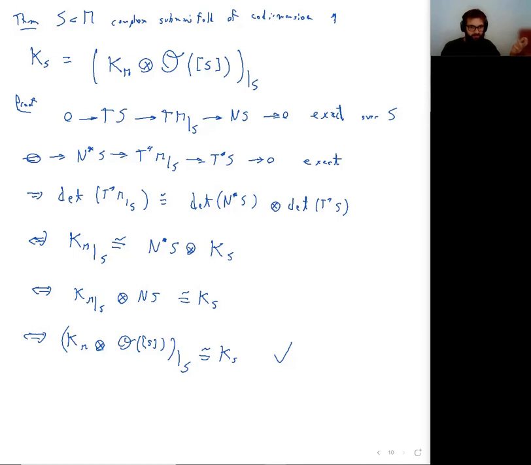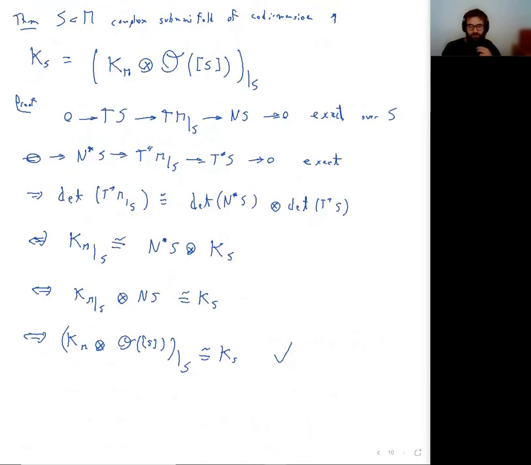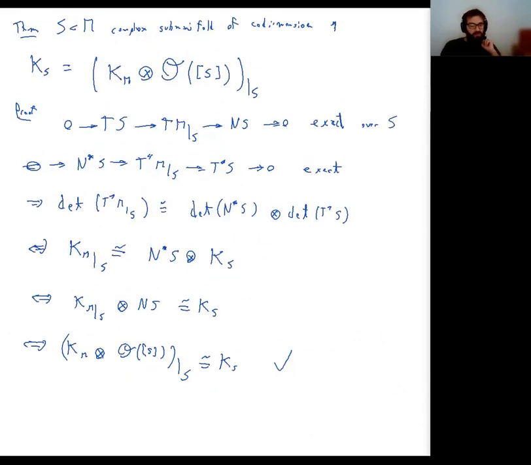You can think of the trivial bundle as a neutral element and the dual of a bundle as its inverse. So this should already make you think that there is a group structure somewhere. And in fact there is, and this is called the Picard group, but we'll deal with it next time.